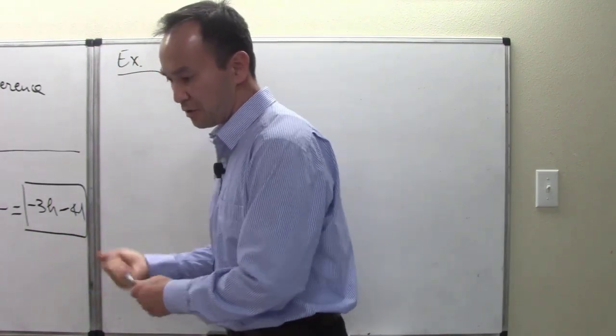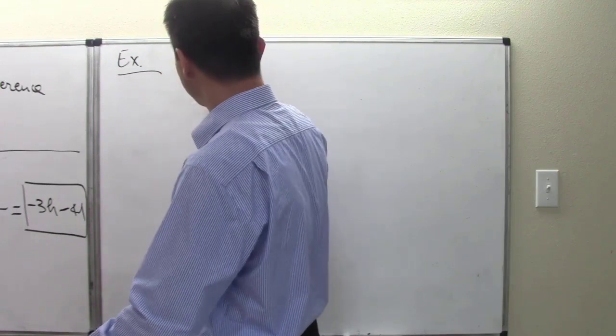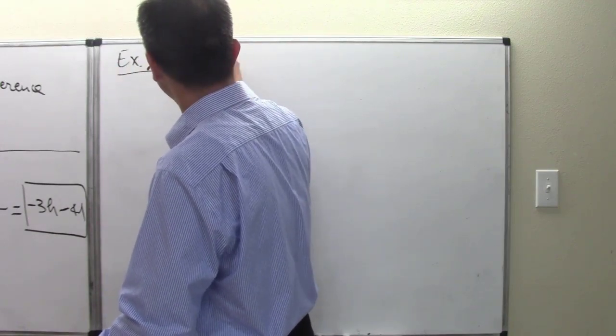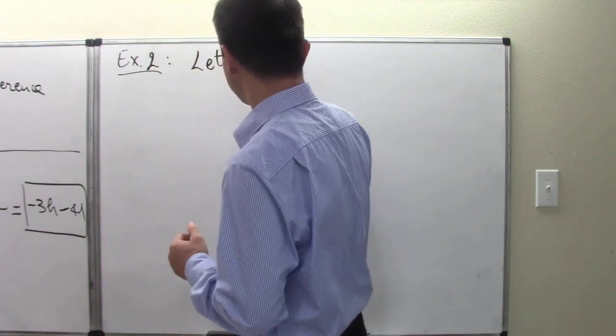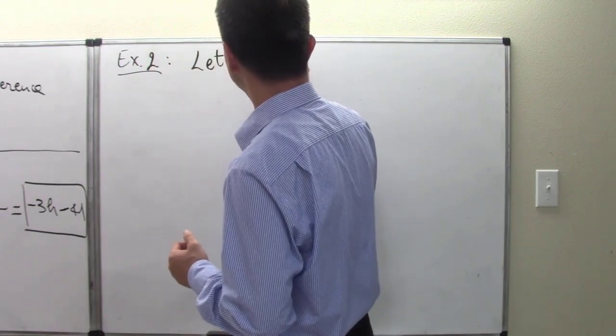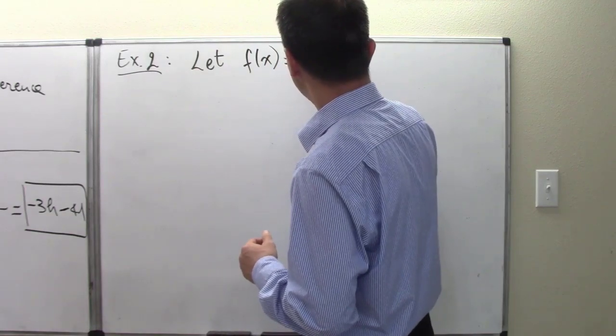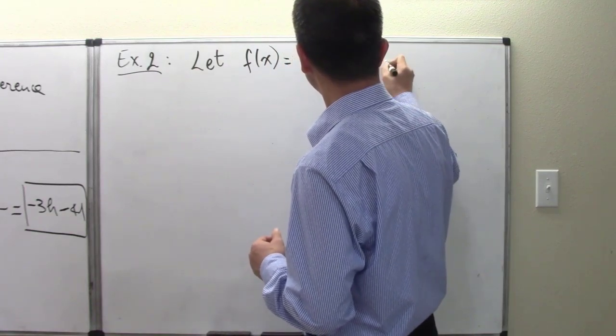In this example 2, I am going to stay with one function. Let f of x be defined as x squared plus 3x plus 2.